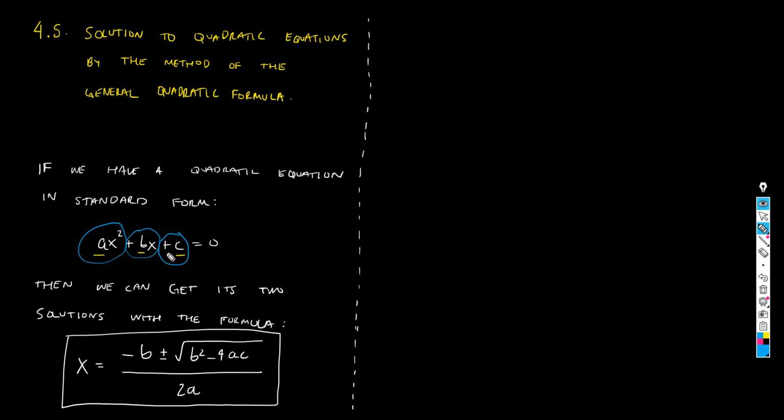Does that mean that it always has to look like this? What if I write dx squared plus ex plus f equals 0? Does this have the same shape as this? Of course, it's the same. This formula doesn't have to appear always with A, B, or C. You have to understand that. This is also representing a quadratic equation in standard form.